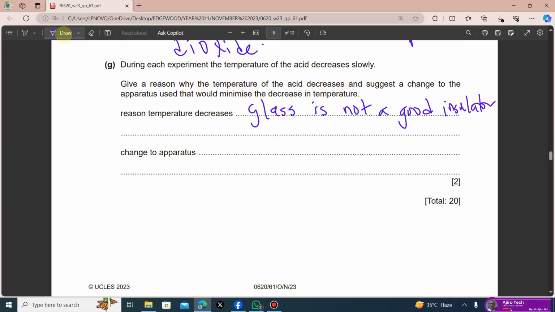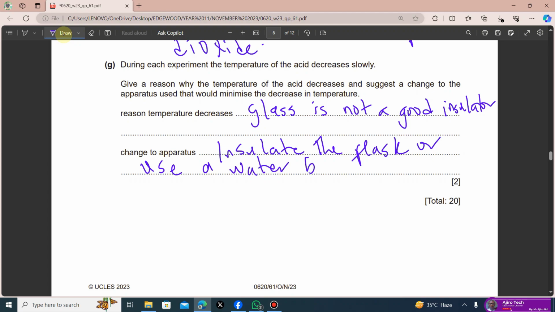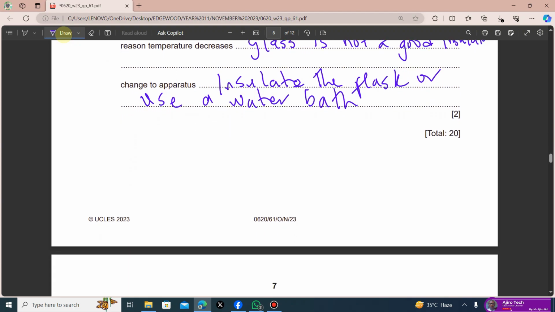Either you insulate the flask, or another idea is to use a water bath, so that you could regulate the temperature. Either of the two can be adopted. You don't have to write the two of them, you pick either of them. Either you insulate the flask, or you place the flask in a water bath, because a water bath can help regulate the temperature the way it should. All right, so that's for that question.